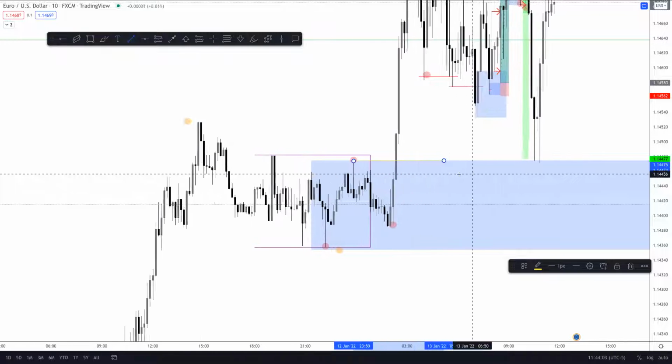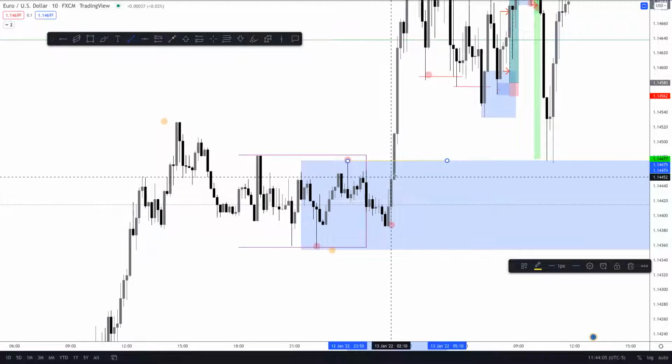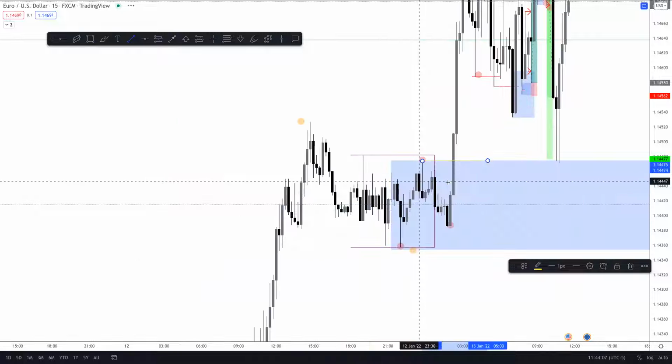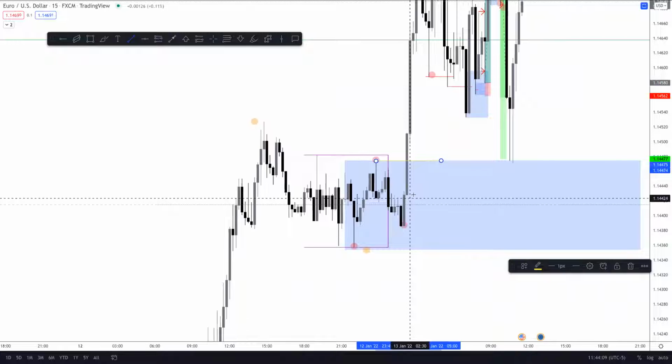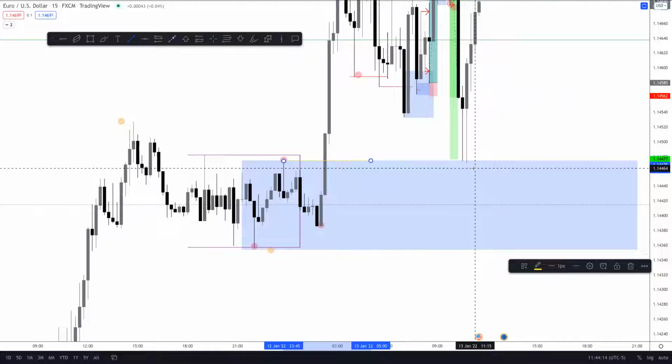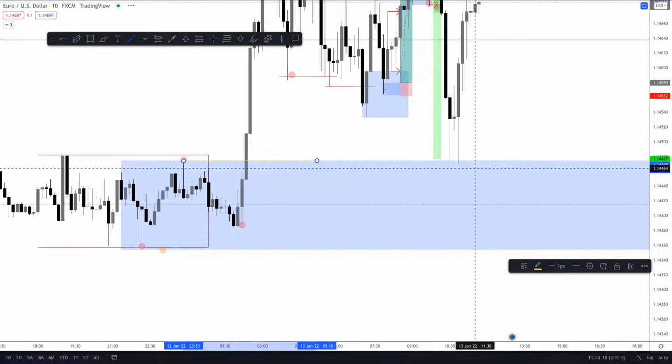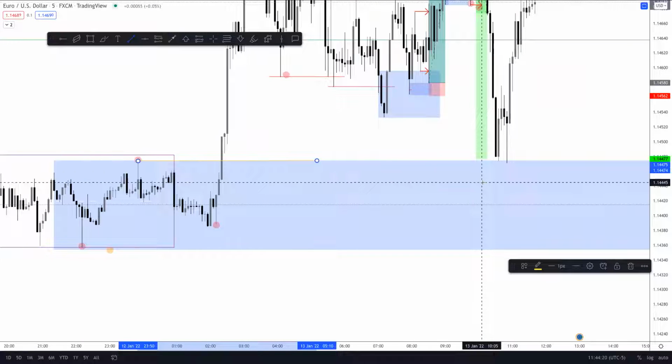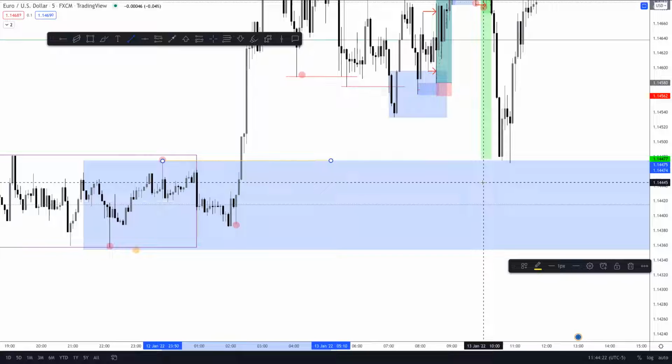It was right here on the 10-minute. Doesn't look like we would have been able to grab that refinement either. So that paints that out of the picture. What else could we look at? Possibly see how we could have grabbed these entries.